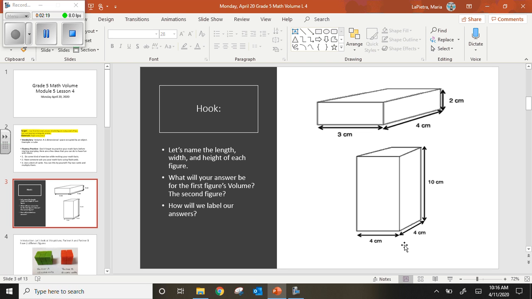So you're going to say 4 times 4 is 16, and 16 times 10 is 160 centimeters cubed. It just reviews a little bit about what we did yesterday or in the prior lessons. So let's move on.